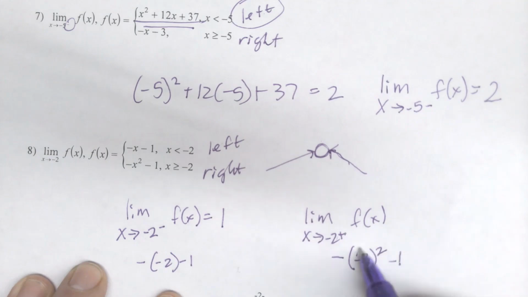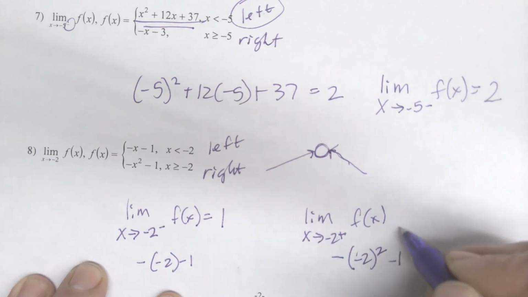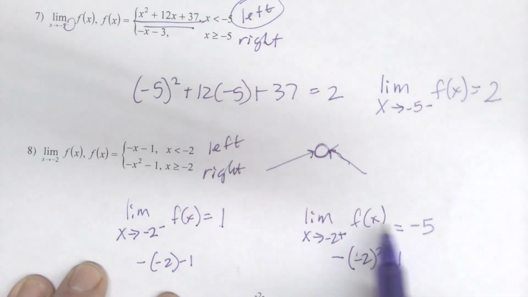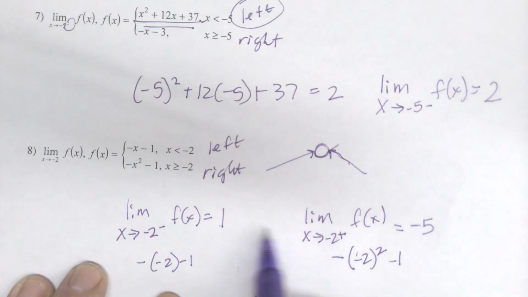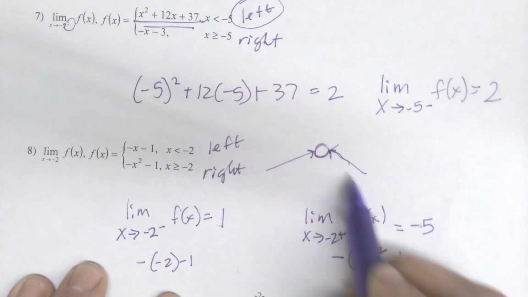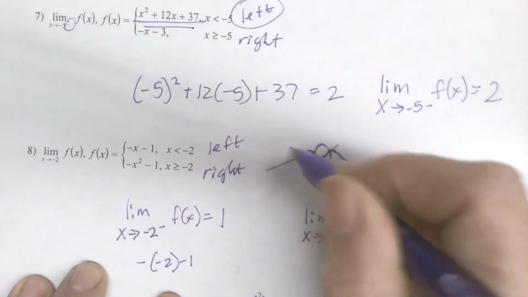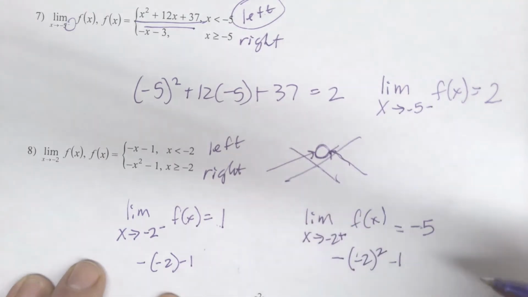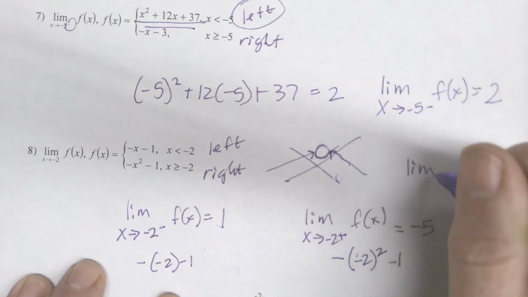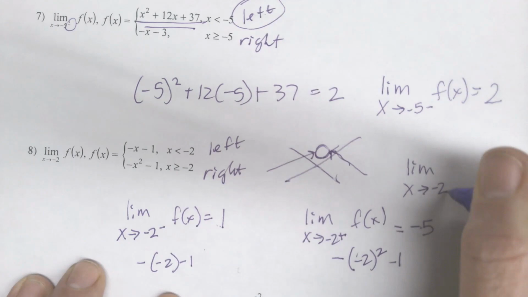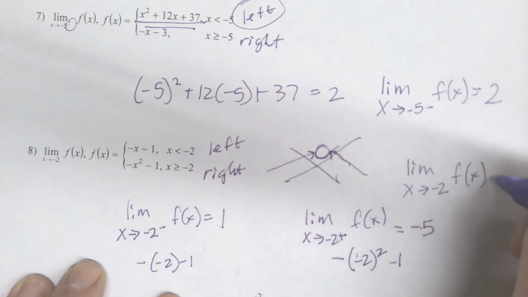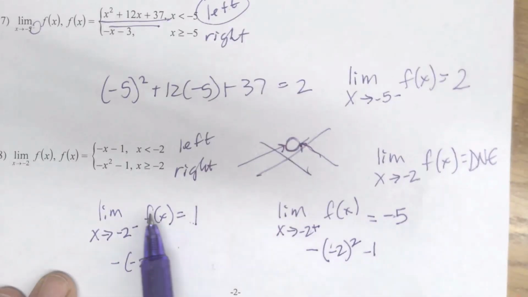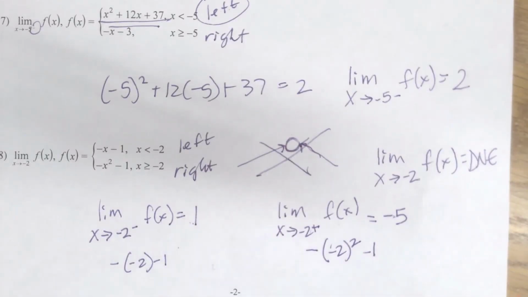So this is 4, make it negative, -4 minus 1 is -5. Because these two values do not equal each other, they do not meet the way that I want them to. They would have to be the same. The limit as x approaches -2 of this function does not exist, because it doesn't go to the same place on the left and on the right.